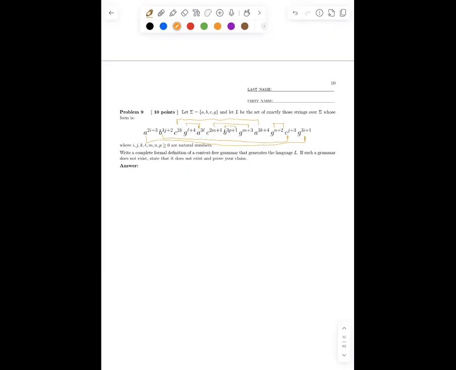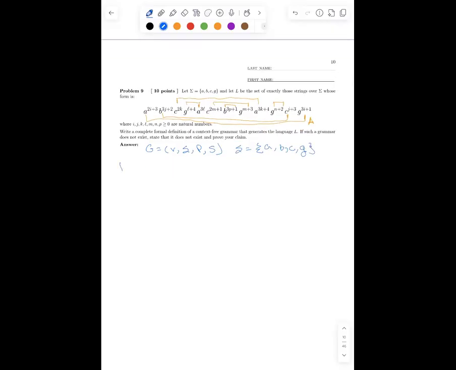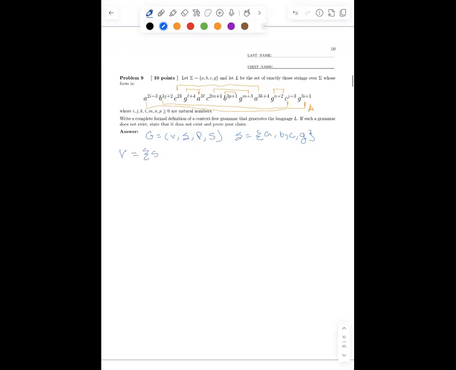So I will start by naming the whole thing G = (V, Σ, P, S). Sigma is equal to {a, b, c, g}. And my V will look like S for now.